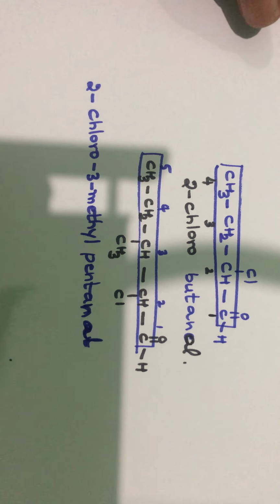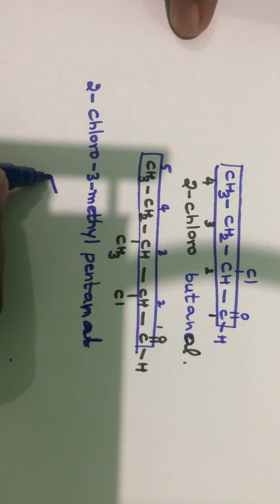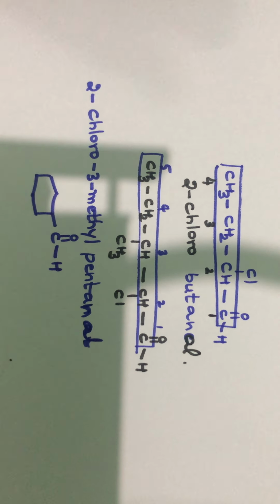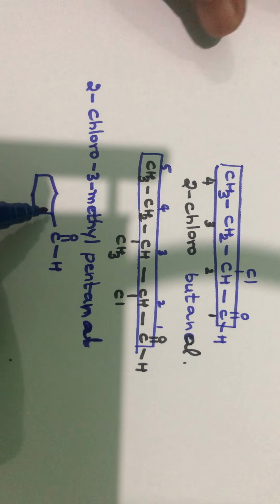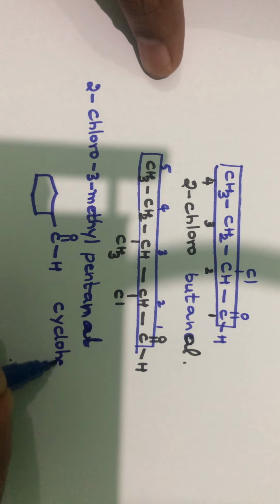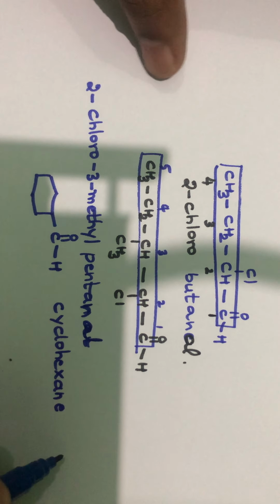Now, if you have an alicyclic compound like this with an aldehyde, when the aldehyde group is attached to a ring, alicyclic or aromatic, in the IUPAC system of naming the suffix carbaldehyde is generally used. For example, this is cyclohexane carbaldehyde.